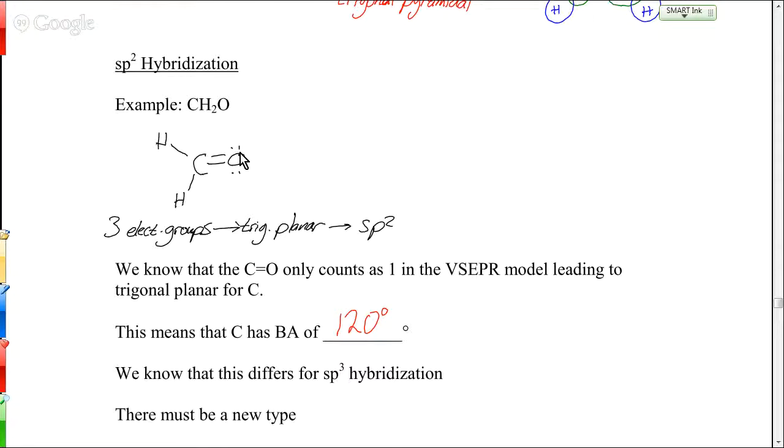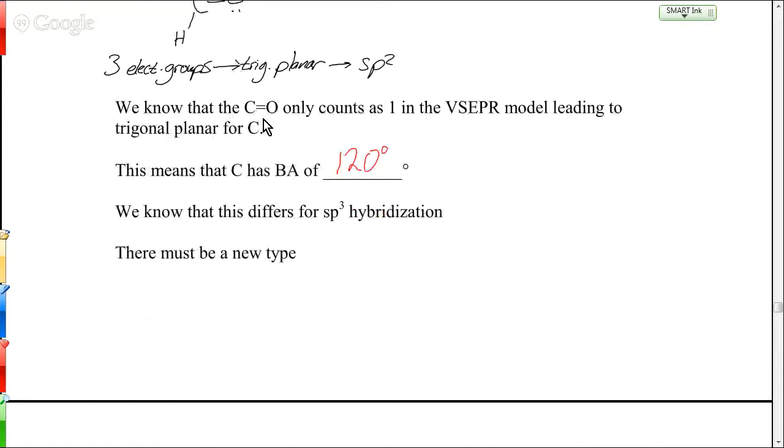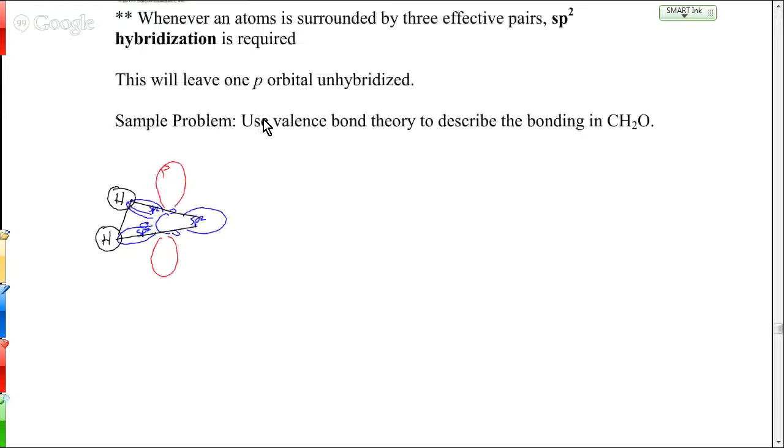So we might say that that oxygen is also sp2 hybridized. So the oxygen is also going to have 3 sp2 orbitals, two of which contain these lone pairs. And then it will also have an unhybridized p orbital.